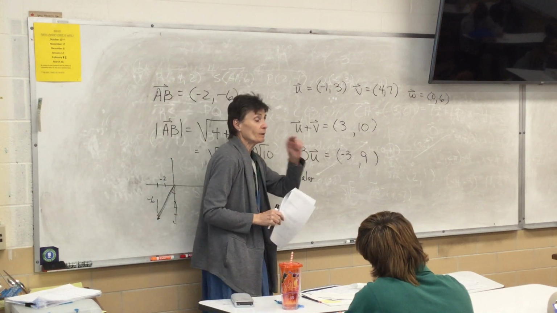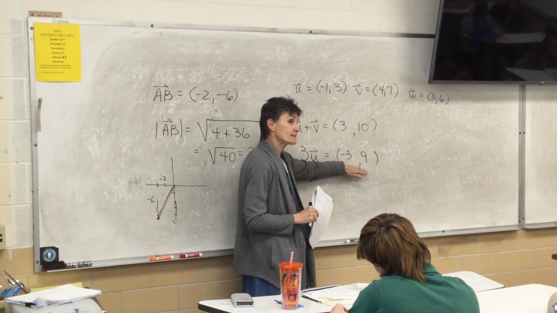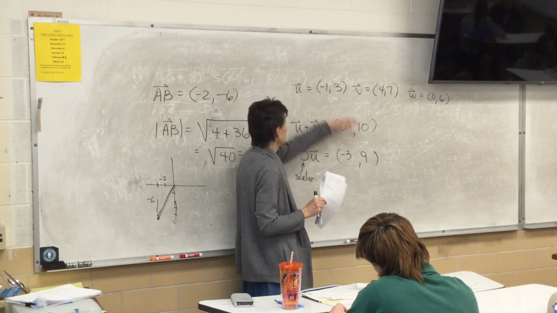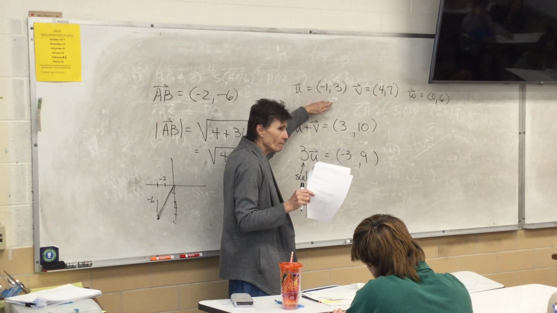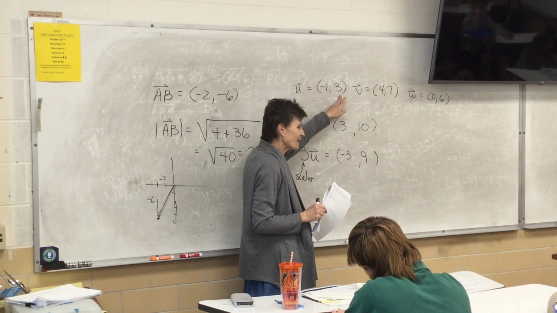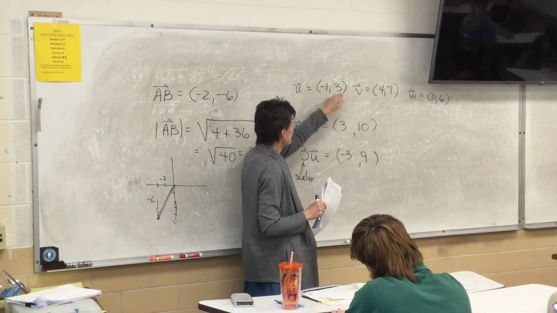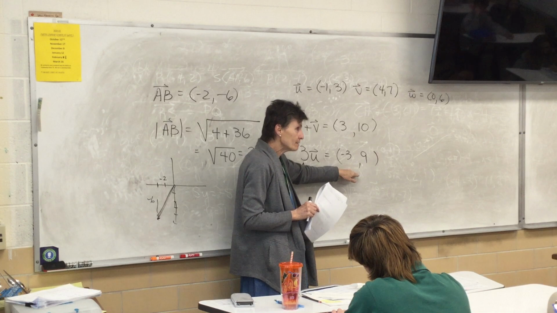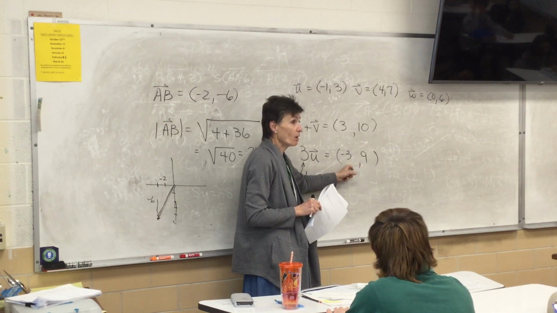Now, I do want to point something out here, though. This vector is in exactly the same direction as the original one. I mean, think about slope for a minute. If you go left 1, up 3, isn't that the same direction as left 3, up 9? So these vectors are exactly the same direction, but this one's 3 times as long.